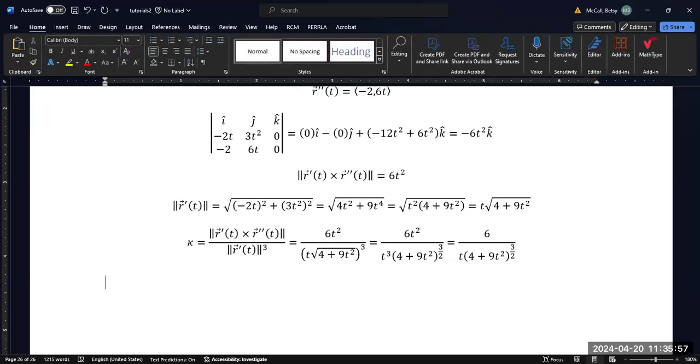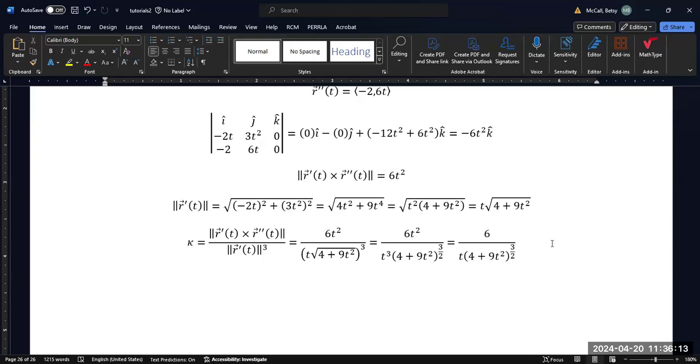So if I want to find the curvature at any point on the curve, I now have an equation for the general formula for the curvature. And so then I can go ahead and find the curvature at that point.